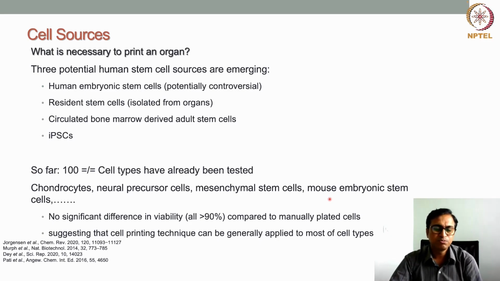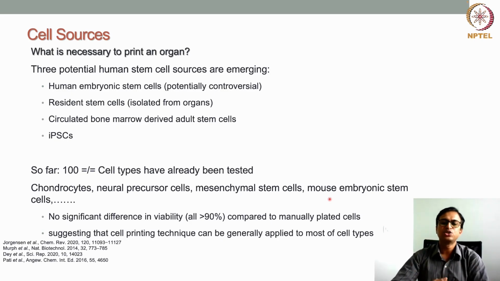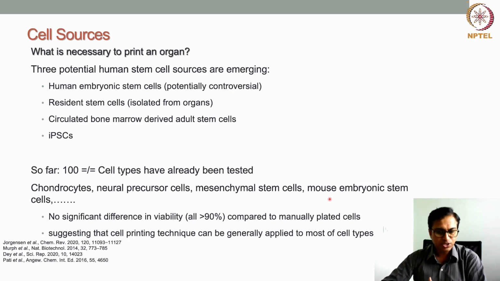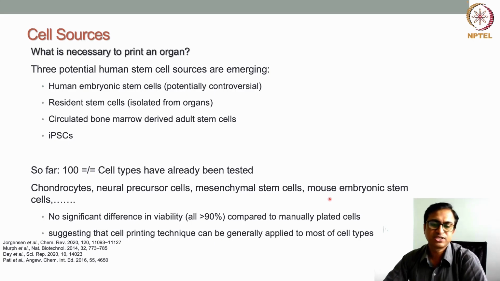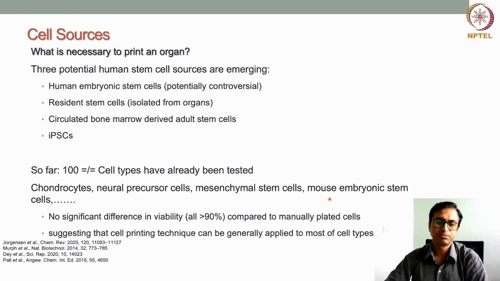The most important thing is that there is no significant difference in viability of all these cells compared to manually plated cells. In cell culture, there is also a manual process where we syringe out the cells and plate them, and there is some loss of viability there too. But when you do bioprinting, the viability is not very different. More than 90% of cells are viable within the bioprinting process.